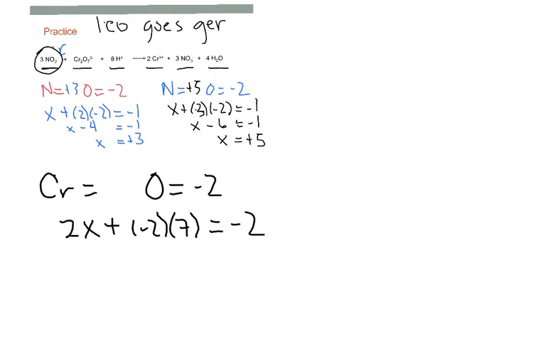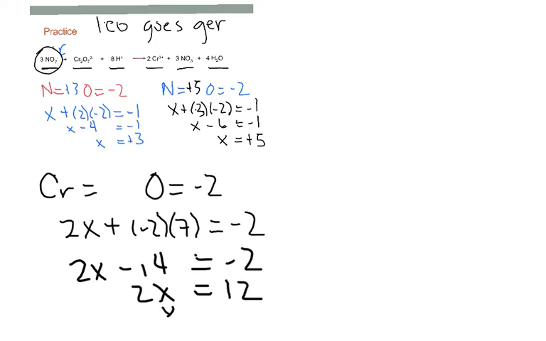Okay, so 2X minus 14 is equal to -2. So 2X is equal to 12. And so that means that X is going to equal +6.